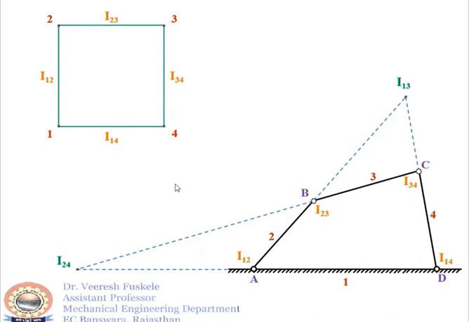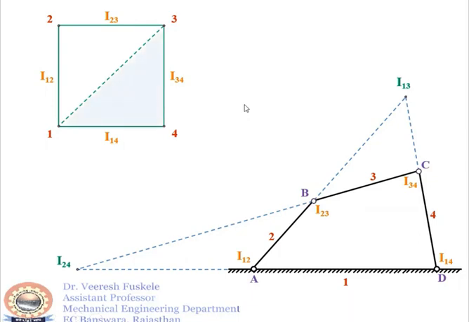Now to find the remaining ICs, join the diagonals of the polygon by dotted lines as shown here. So first, to find I13, we join 1 to 3 by a dotted line. Now we see that the line 1, 3 has divided the polygon into 2 triangles.